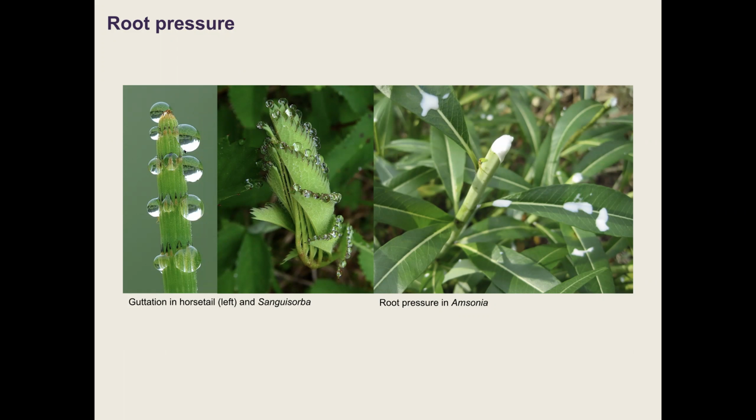Another feature, this phenomenon happens in a special situation where the environment's a little moist. So this is root pressure in parts of plants that are low to the ground, and usually happens in environments where it's not hot and it's not dry, where this water can basically accumulate without evaporating off. And it's different from dew.